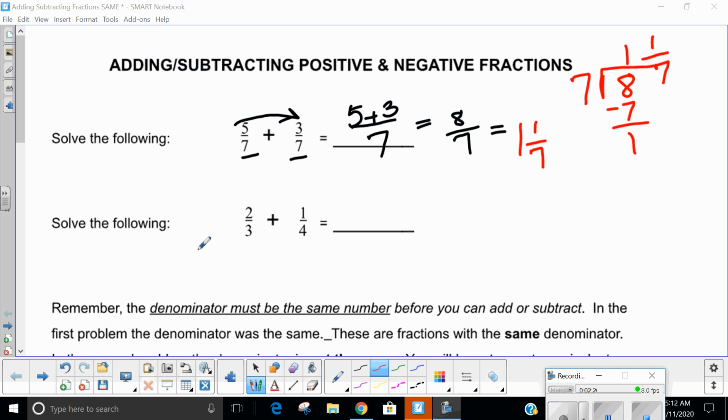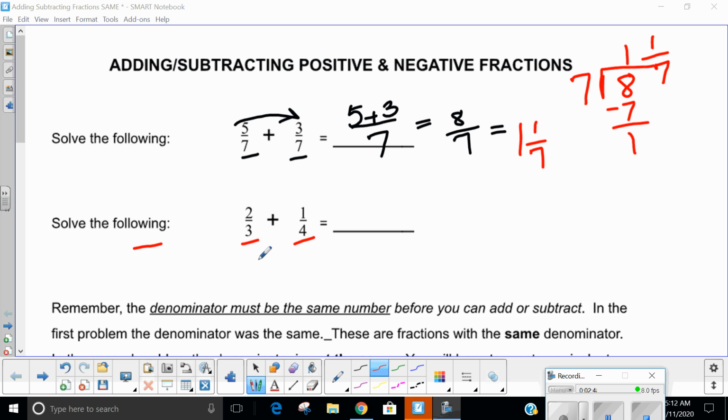Okay, now down here, we want to solve the following: 2/3 plus 1/4. But notice that the denominators are not the same number, so we have to be super careful here. What we have to do is make them the same denominator. So how do we do that?